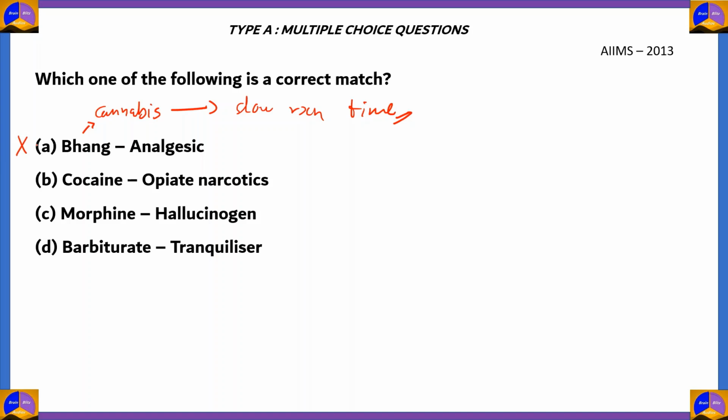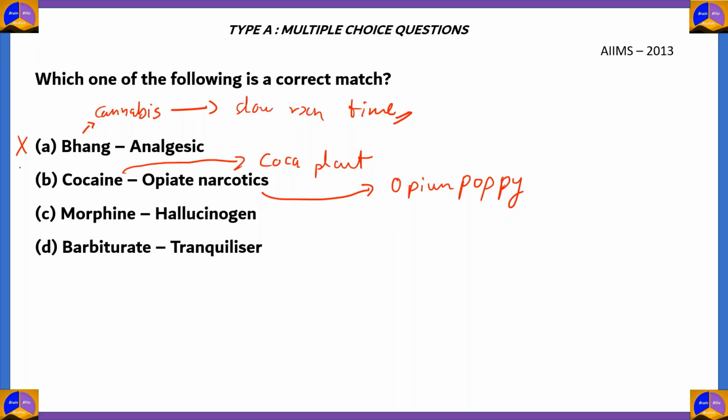What about option B, cocaine? It is given that cocaine is an opiate narcotic. However, cocaine's origin is from the coca plant, while opiate narcotics come from opium poppy. An example for that is heroin or morphine.